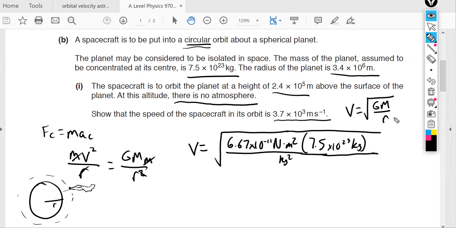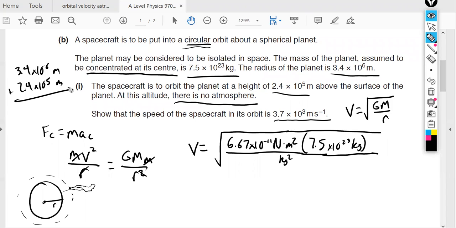So r is the distance from the center of the planet that the object is, right? So it's the separation distance. It's separated not just from the surface, but from the entire planet. They give us permission by saying the mass can be concentrated at its center, this far away from the surface. So the total distance is 3.4 by 10 to the 6 meters plus 2.4 by 10 to the 5 meters. So we want to add those two. 3.4 by 10 to the 6 meters is 3.4 million meters.